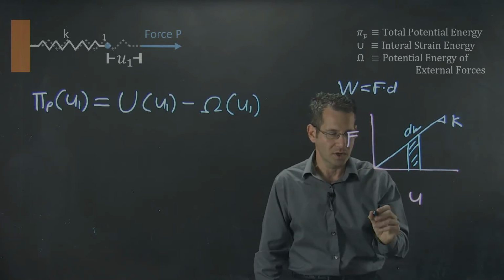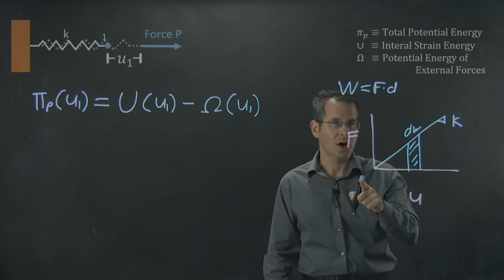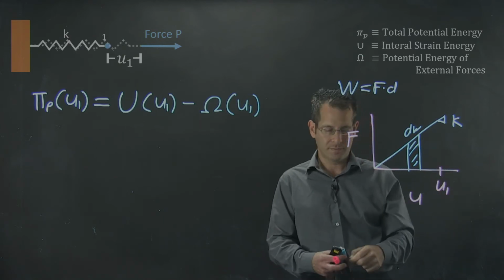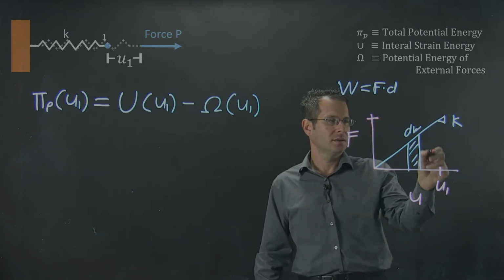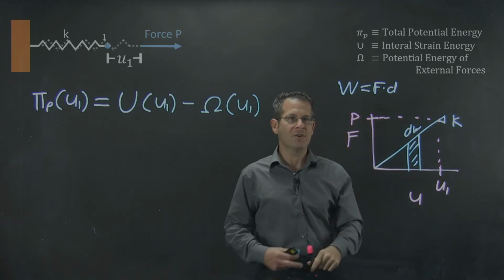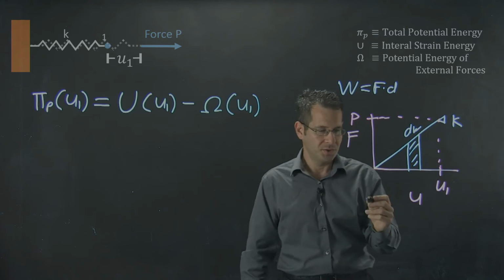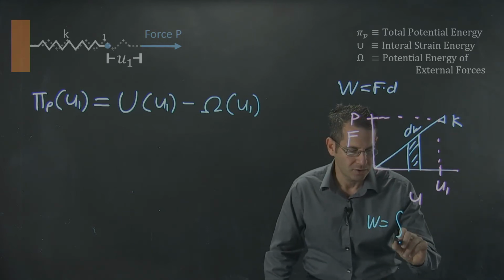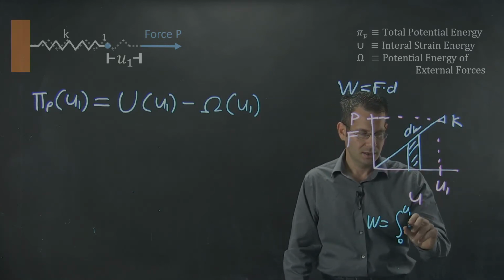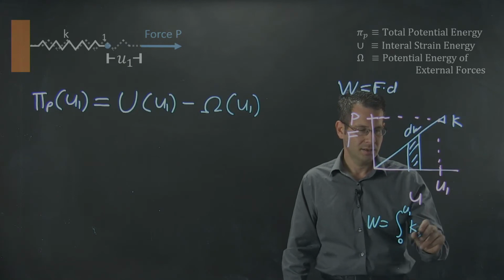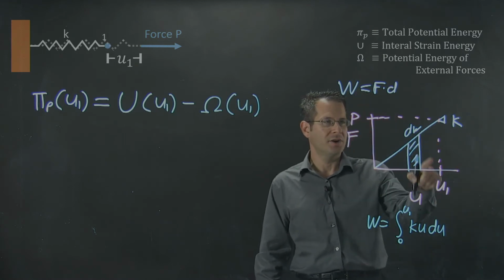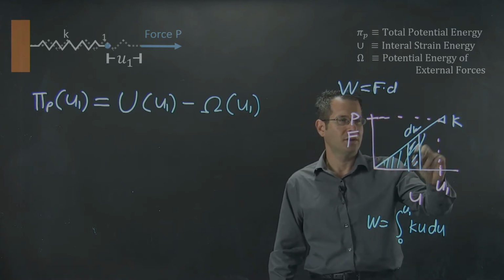So what we say, of course, is that the total work done to move the spring to the point U1, at which point the force has the value of P, is equal to the integral from 0 to U1 of K U dU, or the area underneath this whole triangle.